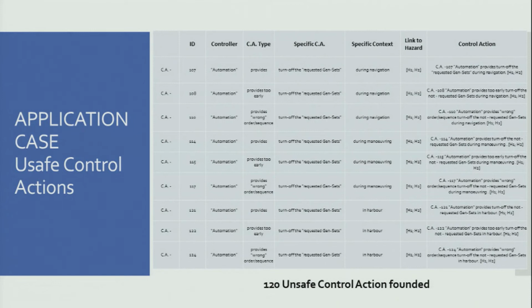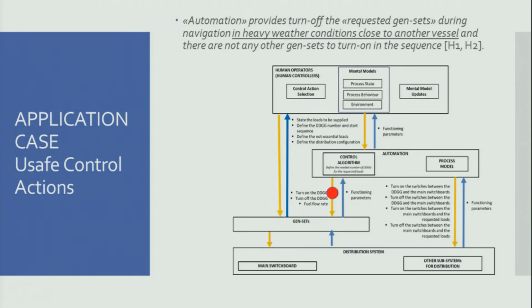We got more than 100 unsafe control actions just framed in that part of the safety control structure we defined. And among these unsafe control actions, we selected the one that you can read upstairs.